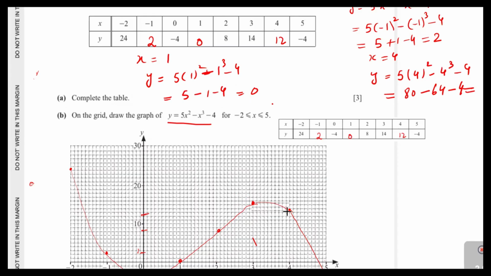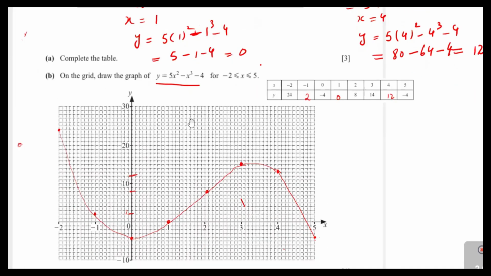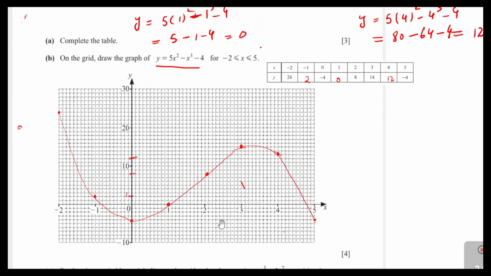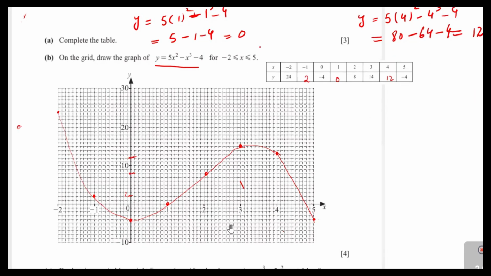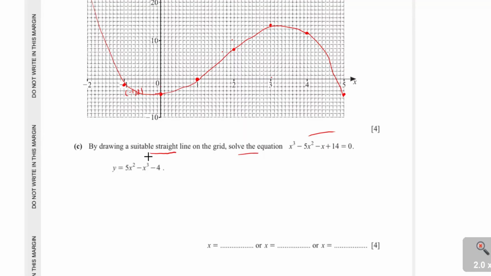After joining these points, we get this graph. And next, part C. Part C, by drawing a suitable straight line on the grid, solve the equation. This equation we can write, if we shift the value x cube minus 5x square, minus x plus 14 equal to 5x square minus x cube.